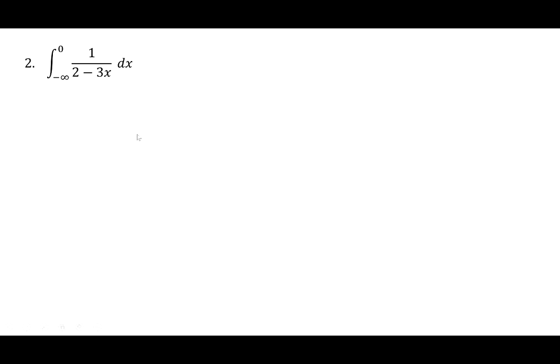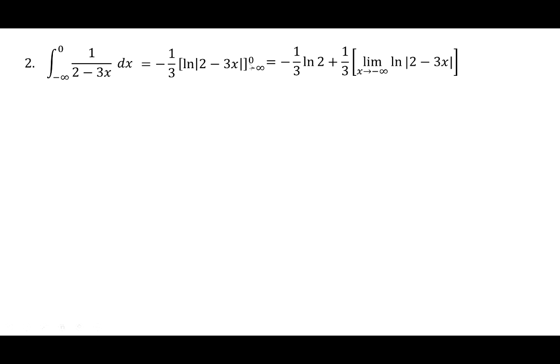What's the integral of 1 over 2 minus 3x? Negative 1/3 natural log of the absolute value of 2 minus 3x, right? Now we need to evaluate. Again, do not say plug in negative infinity. Say evaluate the limit as x approaches negative infinity of the inside quantity. So what did I do?